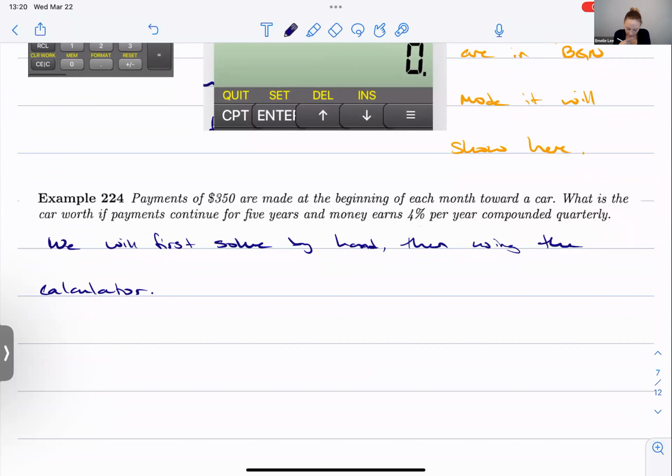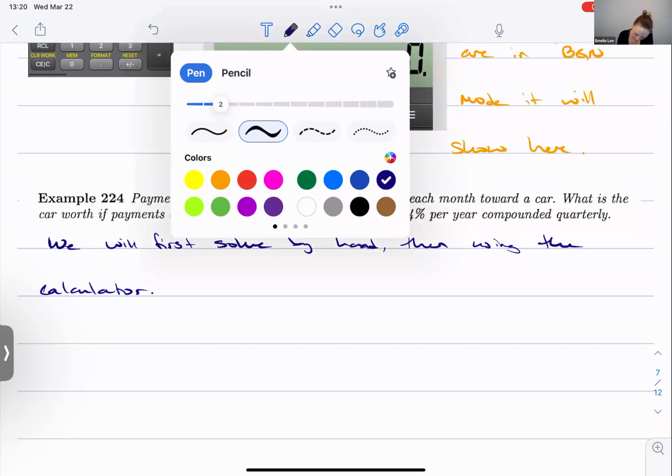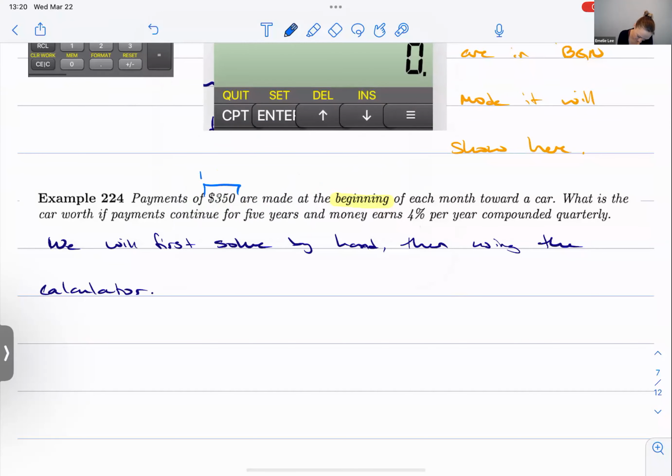Payments of $350 are made at the beginning of each month toward a car. So now we're paying attention to that beginning. What's the car worth if payments continue for 5 years and money earns 4% per year compounded quarterly? Let's highlight things. The payment amount is $350. The mode is the begin mode.